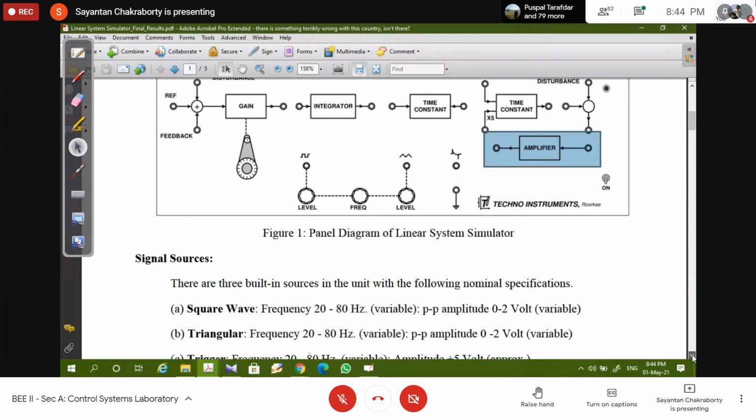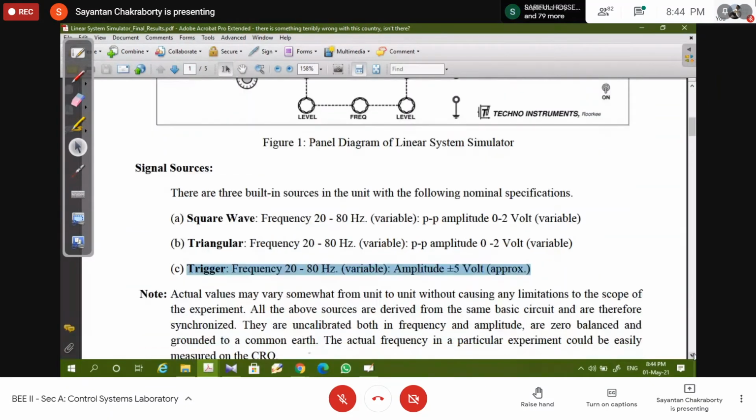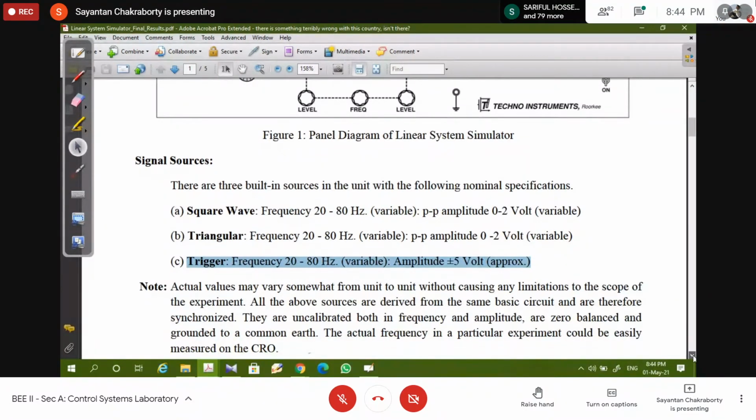What are the 3 signal sources? A square wave with peak 0 to 2 volt and 20 to 80 hertz variable frequency. We'll be using mainly this square wave for analysis. Then we have a triangular wave and a trigger wave. The trigger wave will be used for triggering the signal externally. So we'll only be using the square wave.